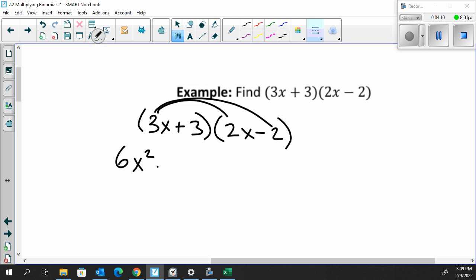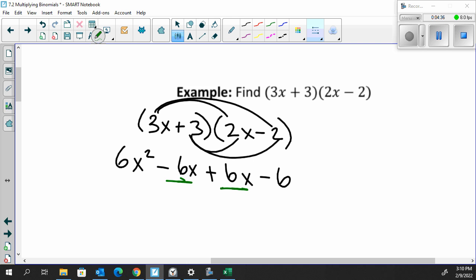Okay. All right, so I distributed 3x. Now I want to distribute 3. 3 times 2x is plus 6x. 3 times negative 2 is negative 6. Yes? Do we agree? All right, what can I do now? I can combine these things.